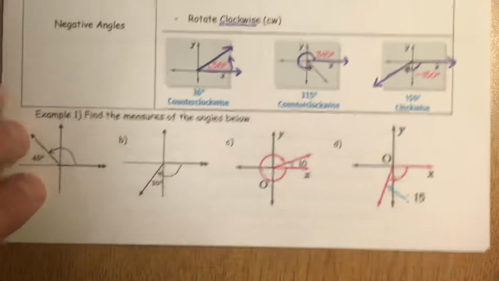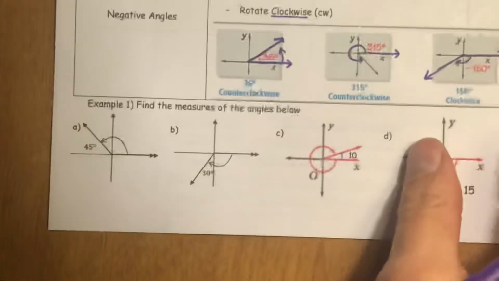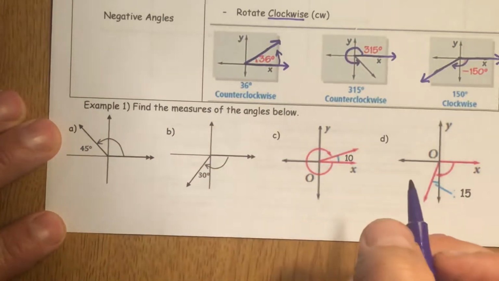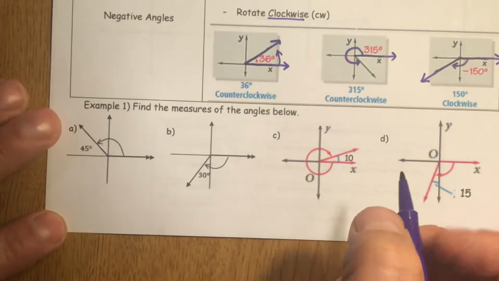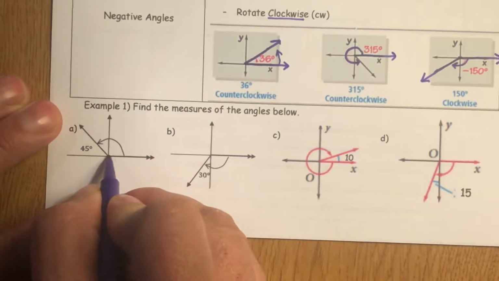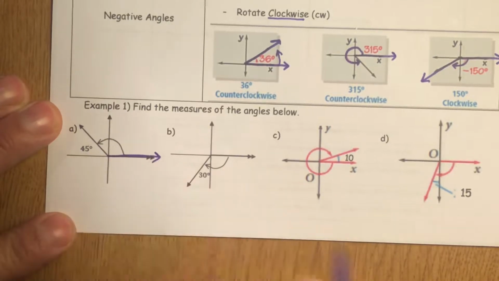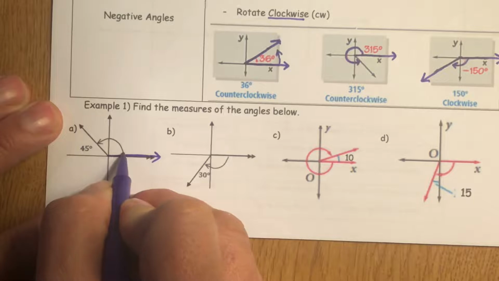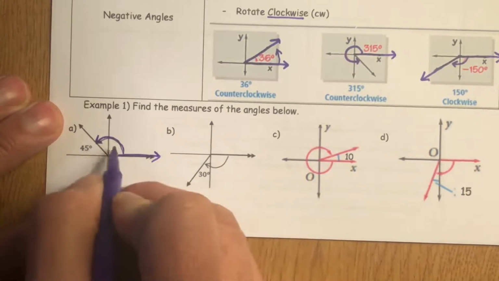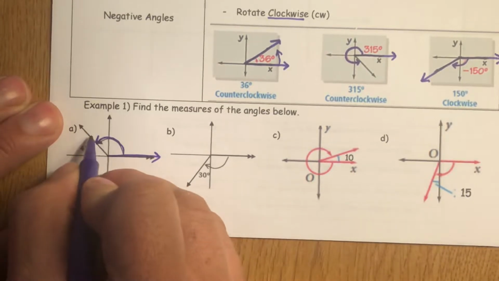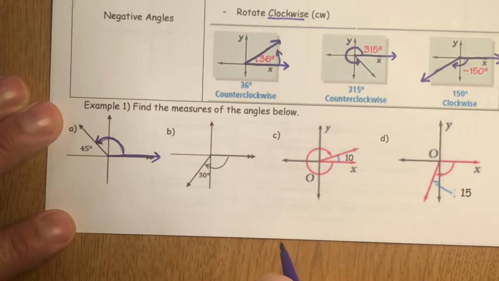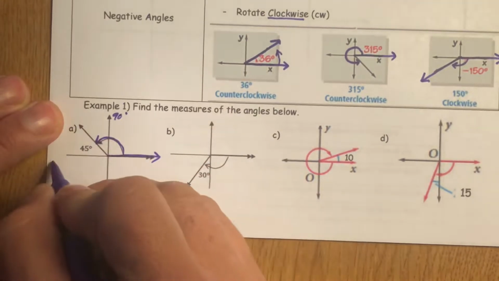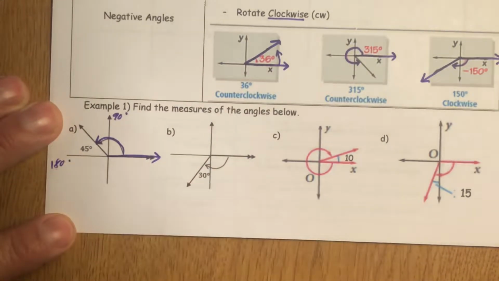All right, let's see if we can do a couple of these. Example number 1, find the measures of the angles below. Again, we're going to start here with our initial end, and this is our terminal end. You can see that we are rotating in a positive direction, so we're opening up in a counterclockwise direction. You know that this is 90 degrees and that's 180.